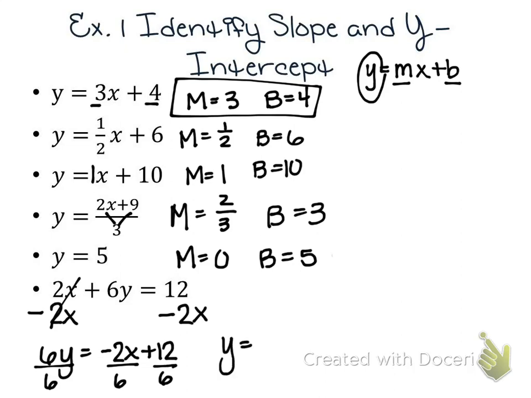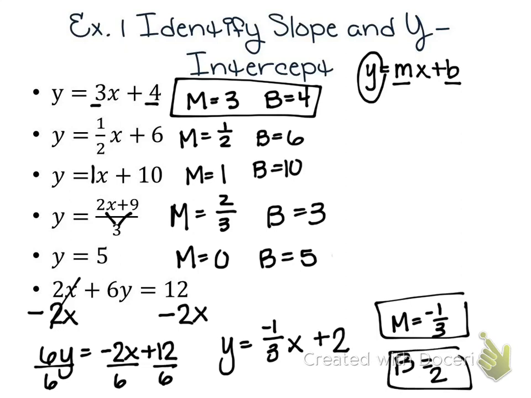What's negative 2 over 6? Negative 1/3 x plus 2. Now let's find what my m and my b is, okay? My m is negative 1/3 and my b is 2. All right, that's how we would find our slope and y-intercept of each of these equations.